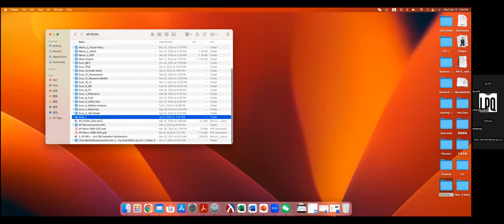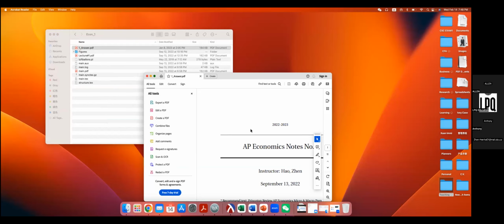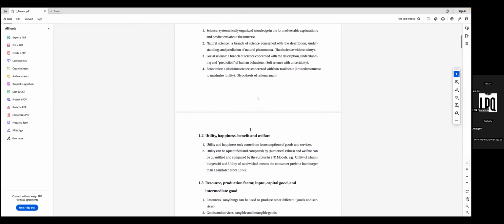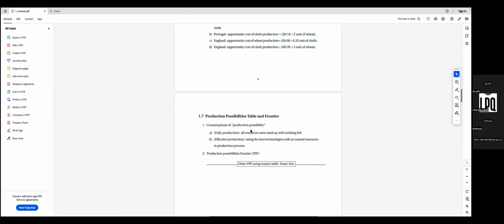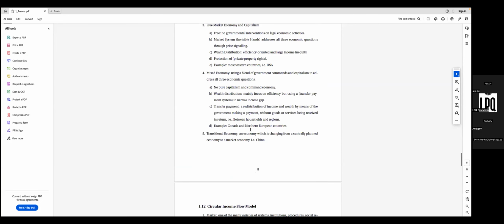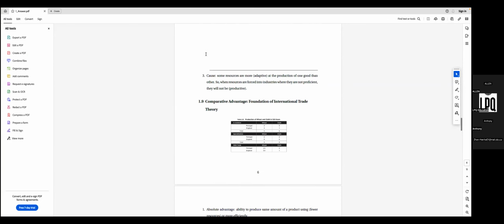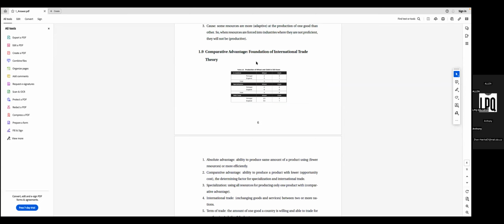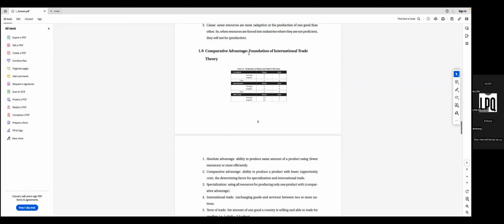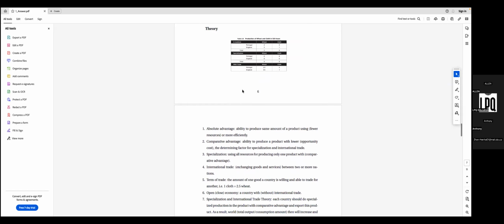In notes number one, in the very first lecture, last year in September, if you can still find your notes number one, in 1.9 here, this part, we already learned the most important things of international trade theory.